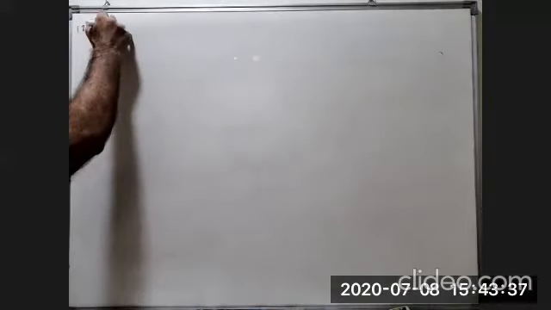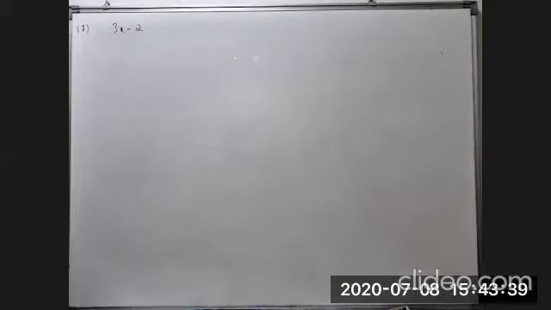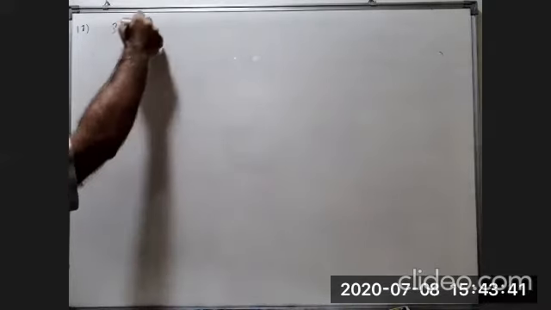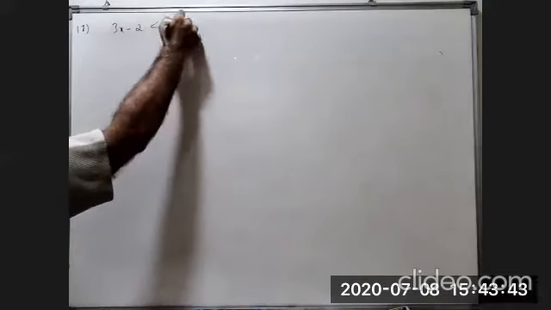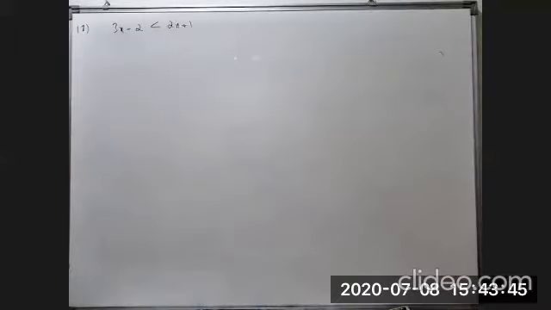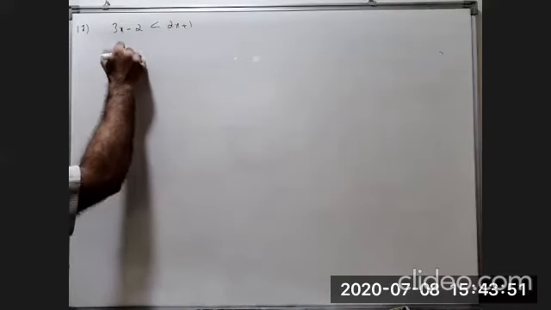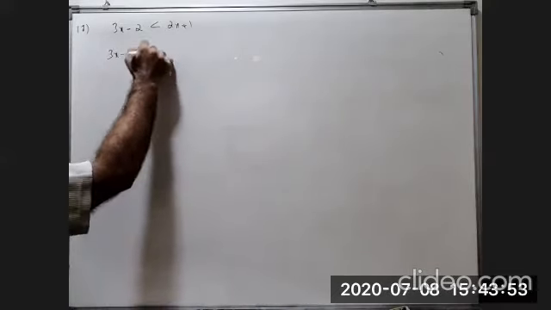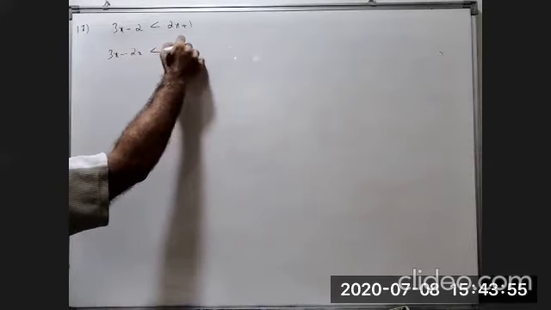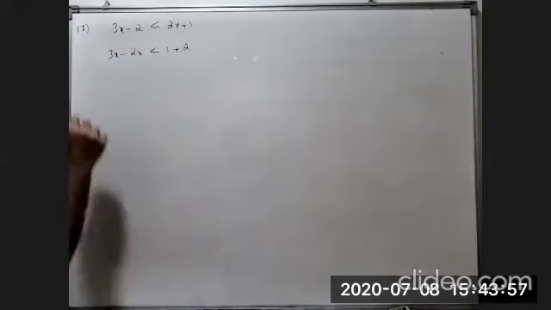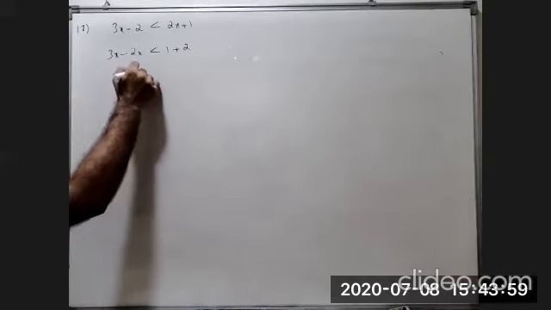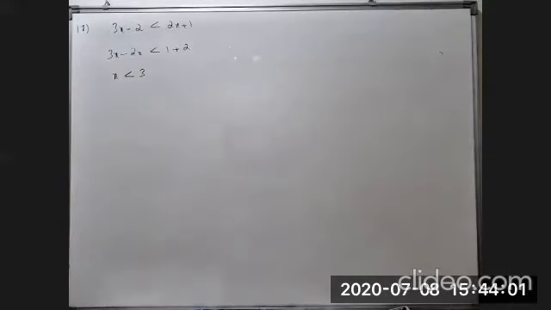So question number 17. 3x minus 2 less than 2x plus 1. So 3x minus 2x less than 1 plus 2. x less than 3.